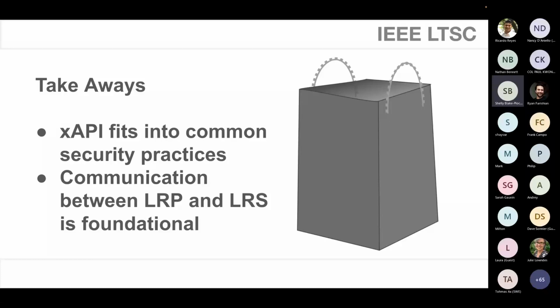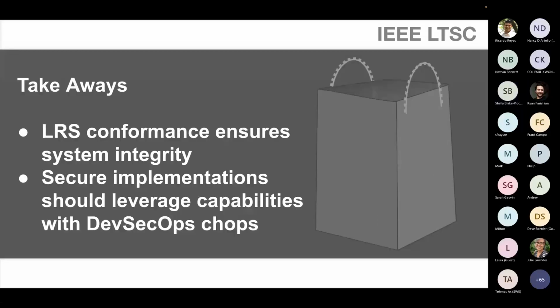That is sort of the unique characteristic of xAPI, and that is something that implementers need to think about, both in terms of technical capability and implementation, as well as policy. The LRS conformance helps to ensure system integrity. When in doubt, use your LRSs wherever they come from to ensure that the data is valid against the standard.